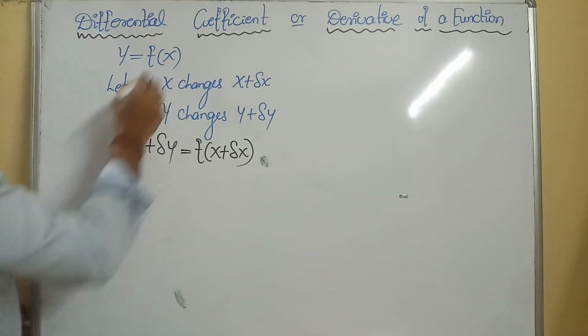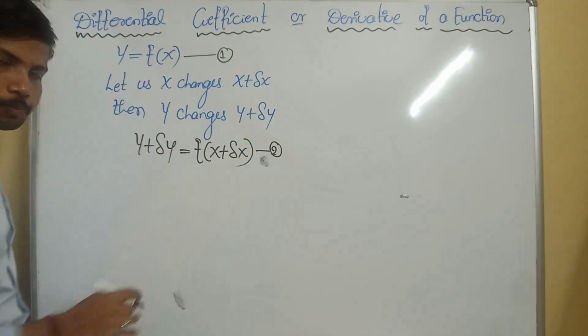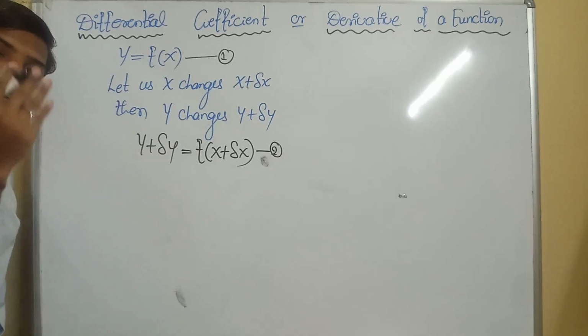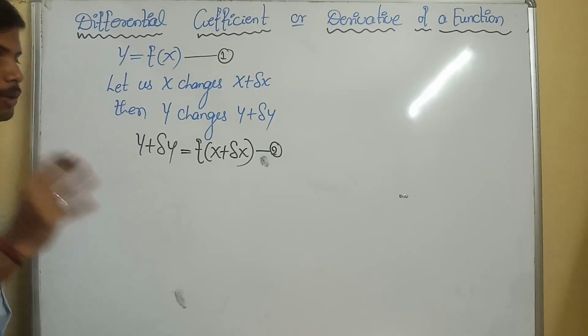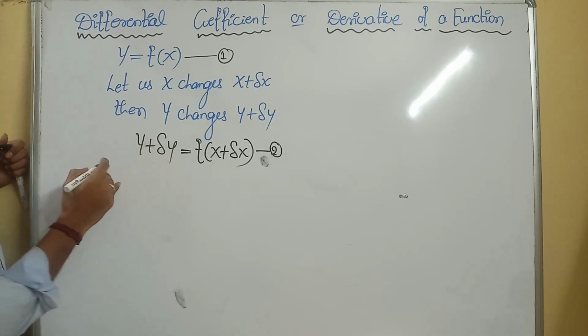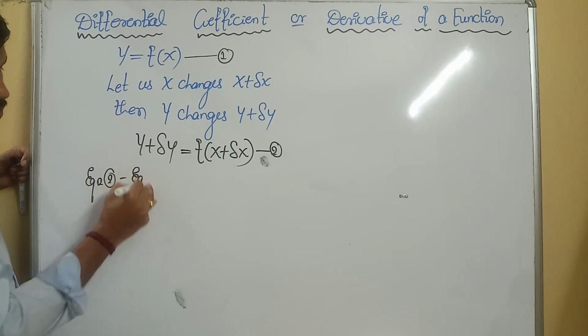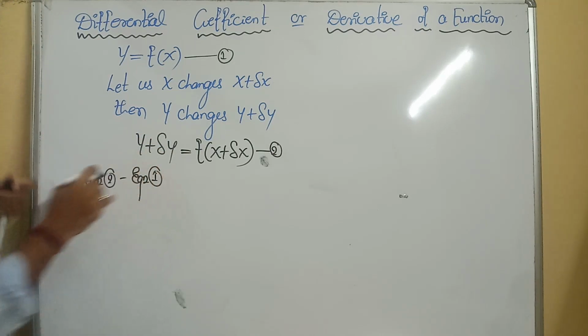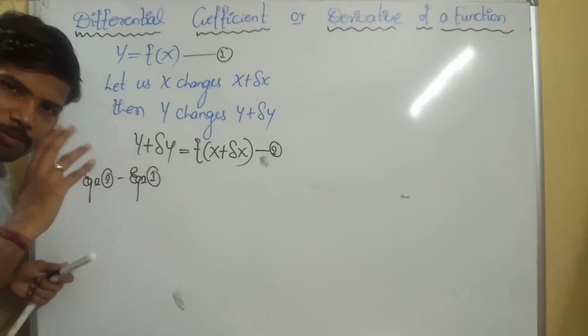Now I'd like to call this equation number 1, and this is equation number 2. Now I need to understand what change happened in the range. Because of that, I'd like to take equation 2 minus equation number 1. The left part will be subtracted from the left part, the right part from the right part.